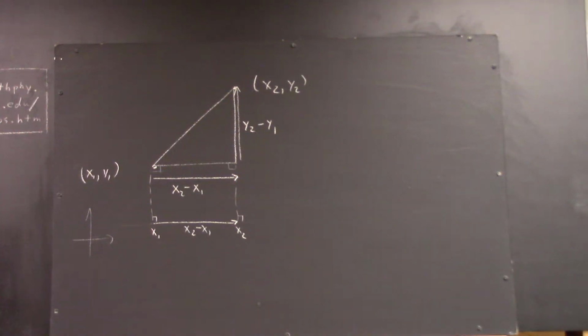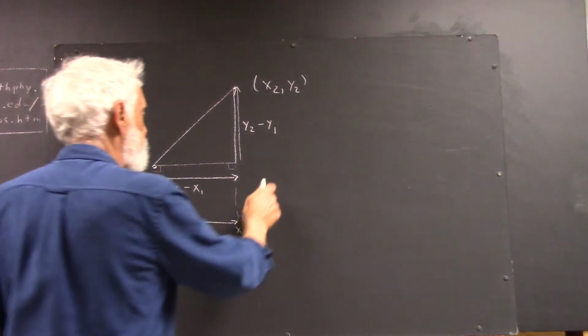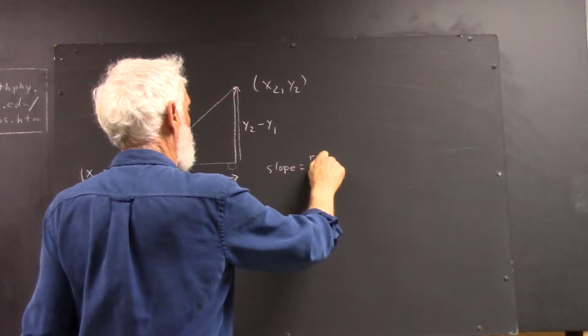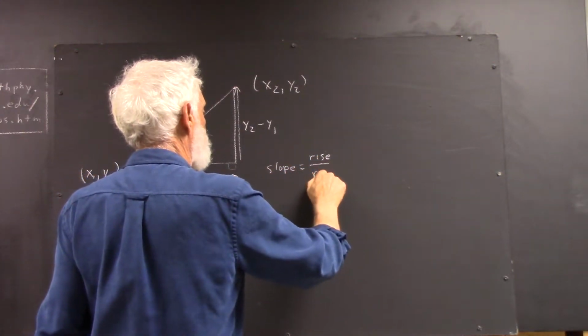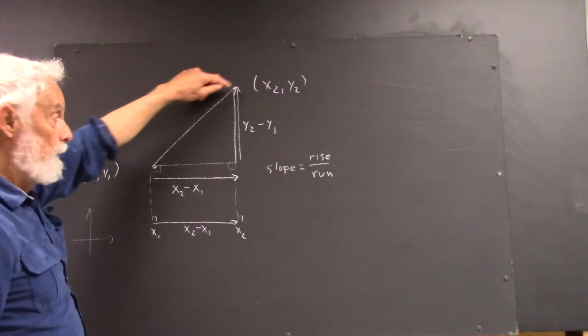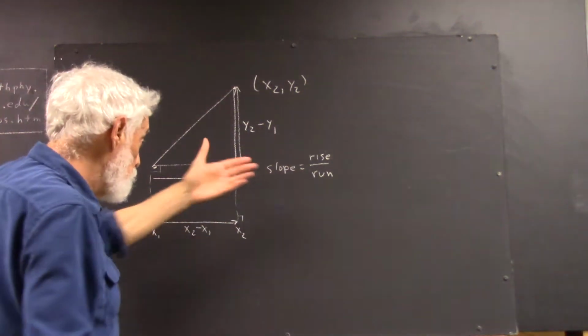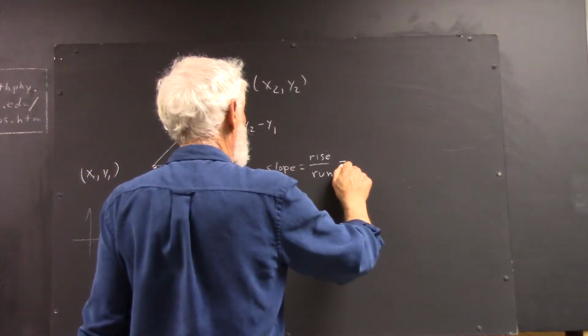So that, first of all, slope is rise over run. Now we're talking about the slope of this segment joining the two vertices, right? So slope is rise over run.